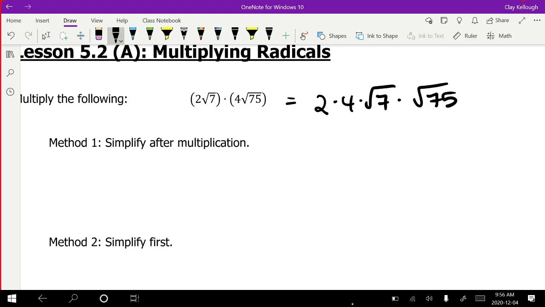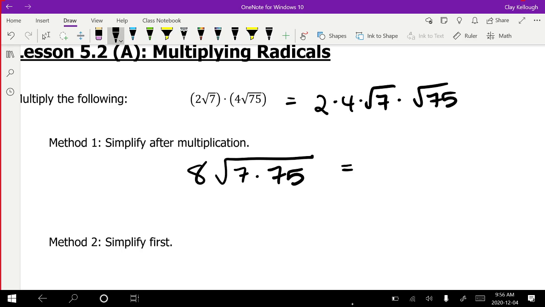It is 2 times 4 is 8 times the square root of 7 times 75. Oh man, quick. What's 7 times 75? 3 75s. 2 75s is 150. So 4 75s is 300.